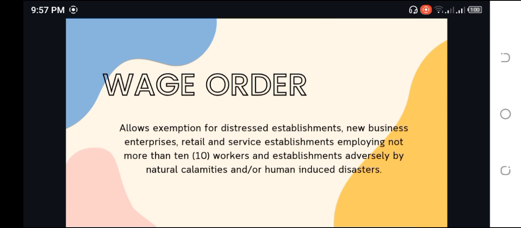This applies to businesses that are struggling financially, newly established businesses, small retail or service establishments, and those affected by disasters. The goal is to provide some relief and flexibility in wage requirements. It's important to remember that the specific details may vary depending on the location.